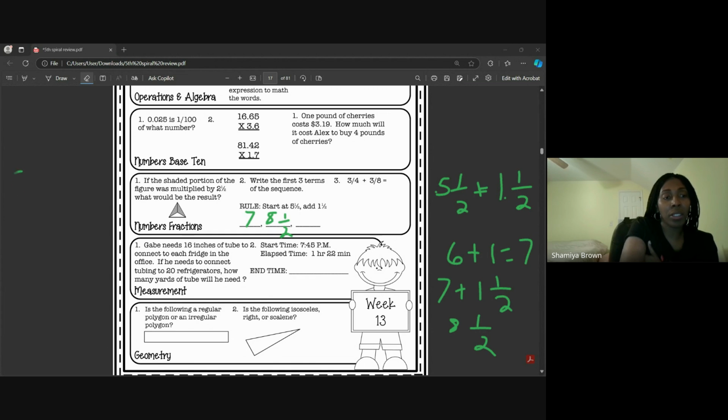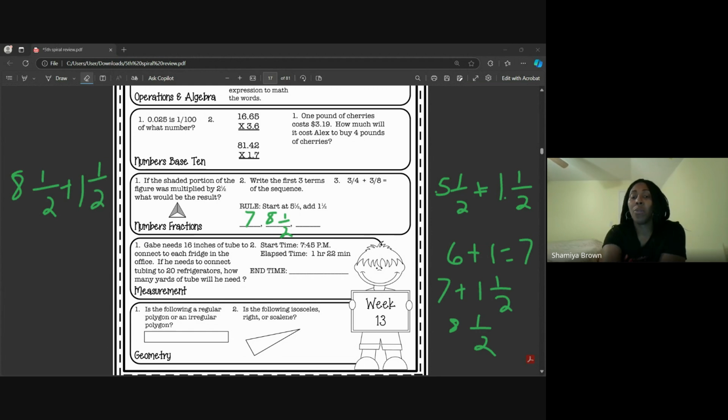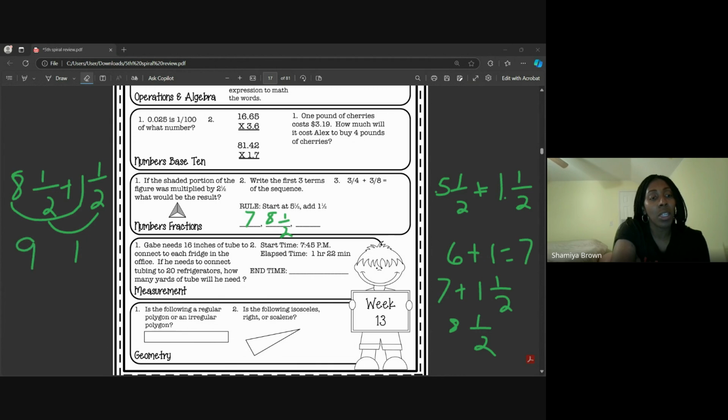Then 8.5 plus 1.5 will give me, well, this 1/2 and 1/2, I can go ahead and add those together to give me 1 whole. So then I have the 8 plus the 1. I can add that together to get 9. So 9 plus 1 is 10. So my last term would be 10 in this sequence.